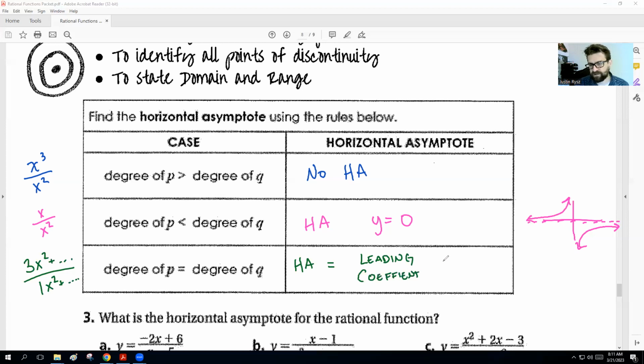So if you look at this example, the leading coefficient is 3, the other leading coefficient is 1. So this one would be like y equals 3. And the graph would be very similar to this one here, except there'd be a shift.